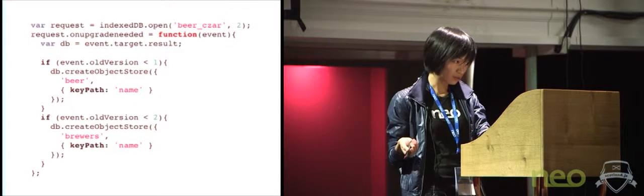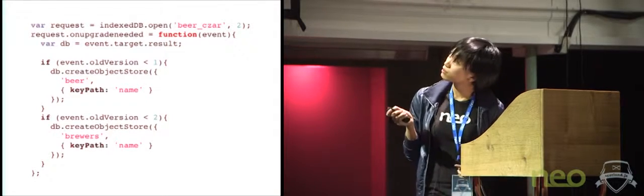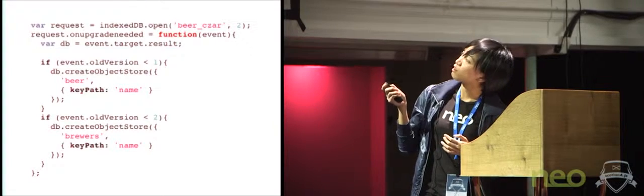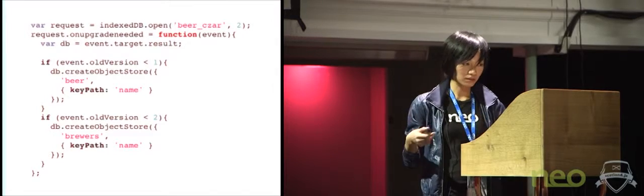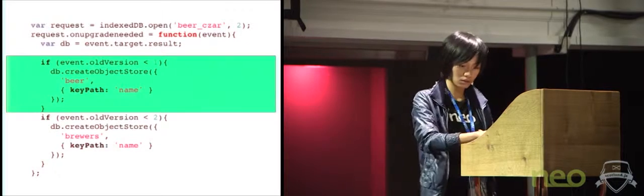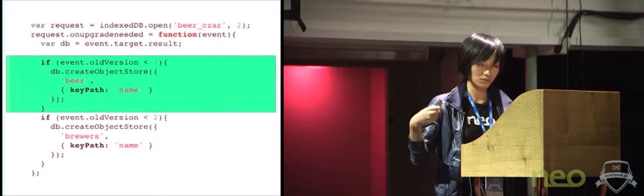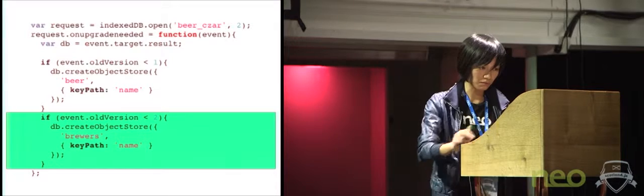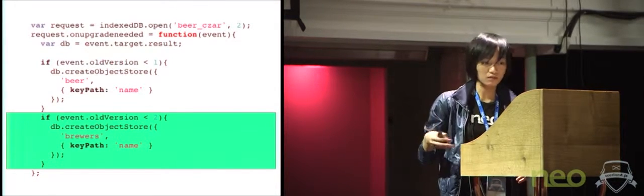So in IndexedDB, when you open a database with a version number, it will return onupgradeneeded if the current database version is lower than the one you want to open. And here, as you can see, I have two migrations. One is to migrate from version 0 to 1. And another one is to migrate from version 1 to 2. So be organized about this.